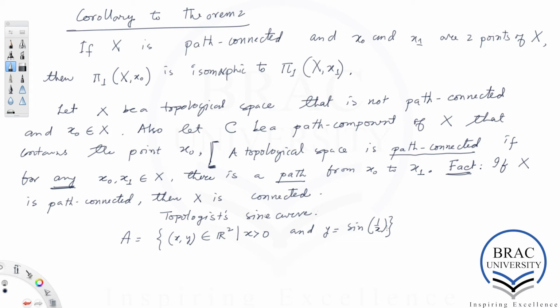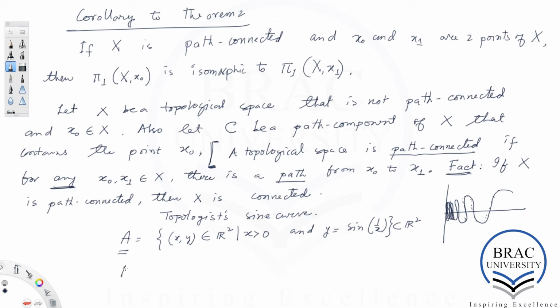That is a subset of R2. So intuitively speaking, this gives you a graph like this. As you go closer and closer to 0, it rapidly oscillates. Okay, something like this, and so the points on these curves constitute the set A.